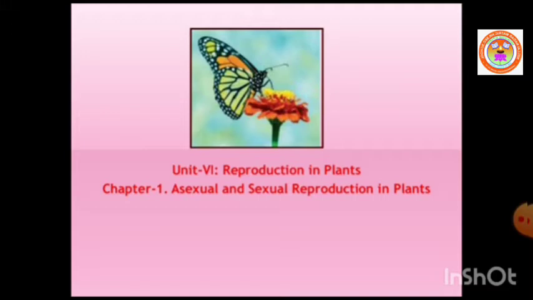Now we are continuing with sexual reproduction in plants. We know that reproduction in plants is of two types, asexual and sexual reproduction. In this video, we are continuing with sexual reproduction in plants.